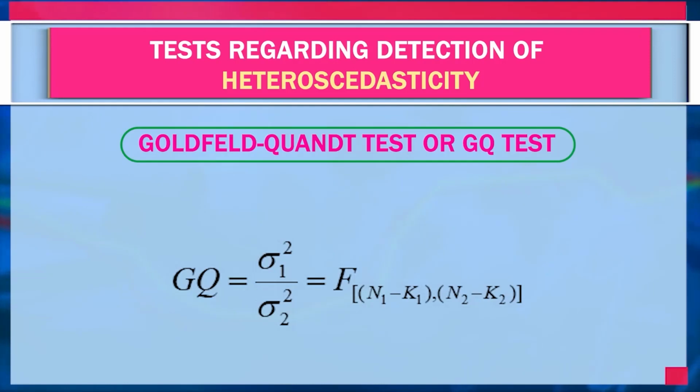Similarly, for the second regression, N2 minus K2. These are the 2 distinct sets of degrees of freedom applicable to the 2 different variances. The ratio of the variances is taken and thereby the GQ test statistic is computed.